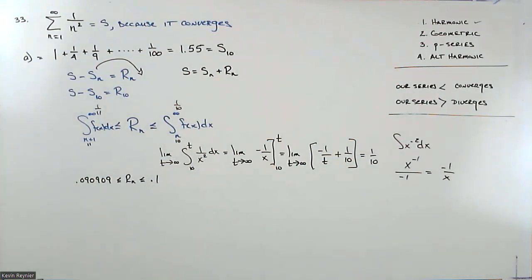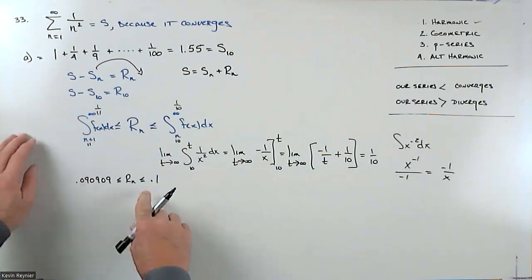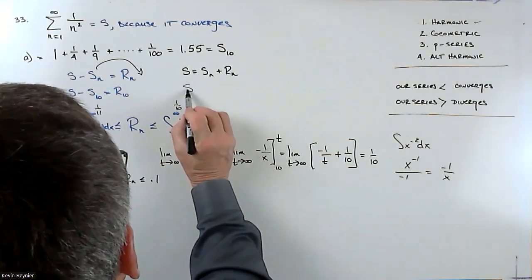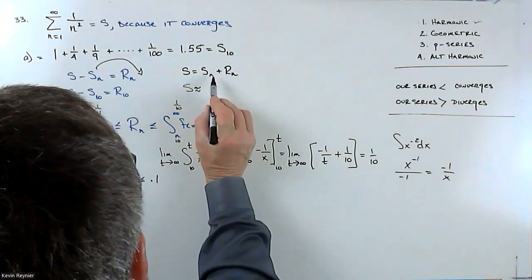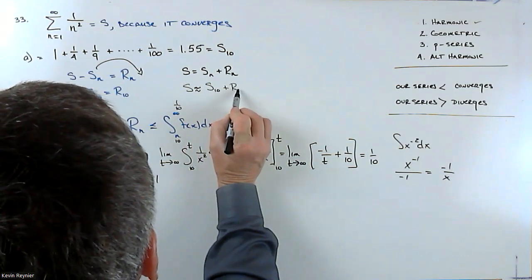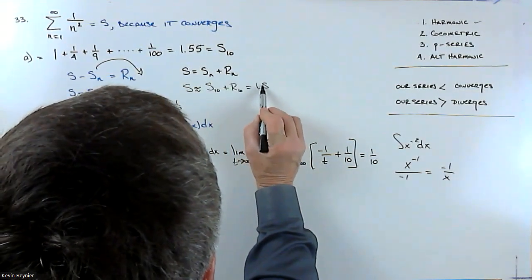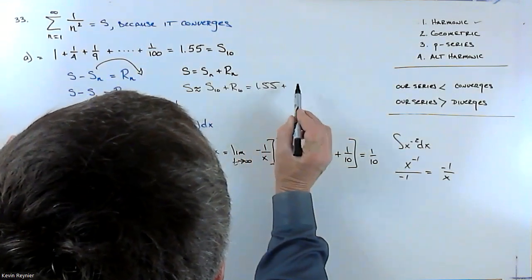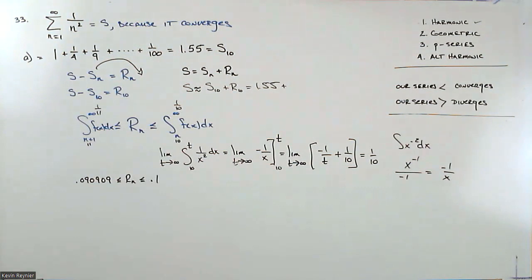Now, we don't know what R sub n is. We know R sub n is between these two numbers, right? So we could say that the sum is approximately equal to S sub 10 plus R sub 10. Our S sub 10 was 1.55, and R sub 10 is a number between here and here, right?